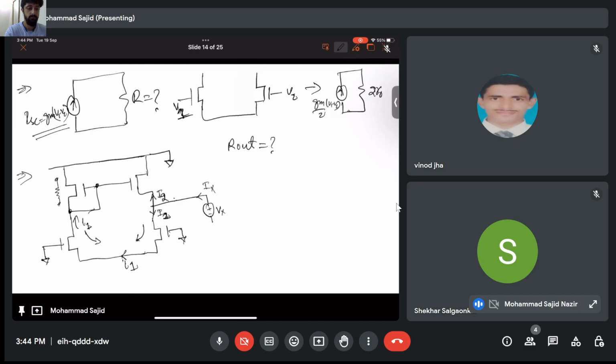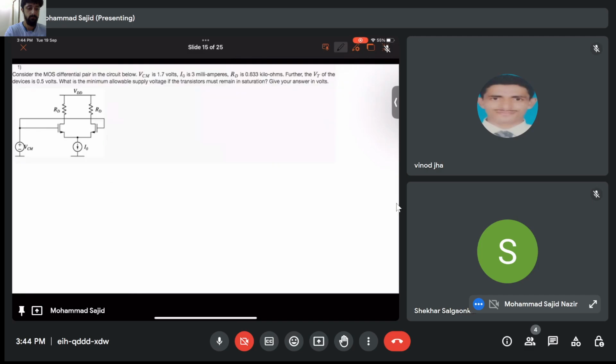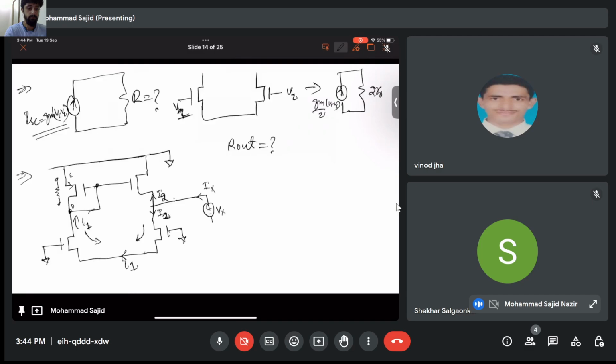So we need to see what is this resistance. If we look at the drain of this terminal, once again, this is source, this is drain, but this is a diode connected load, so we can calculate its resistance. It comes out to be, do you want me to calculate or do you know? Okay, let's calculate. So this is gate, this is source, grounded.